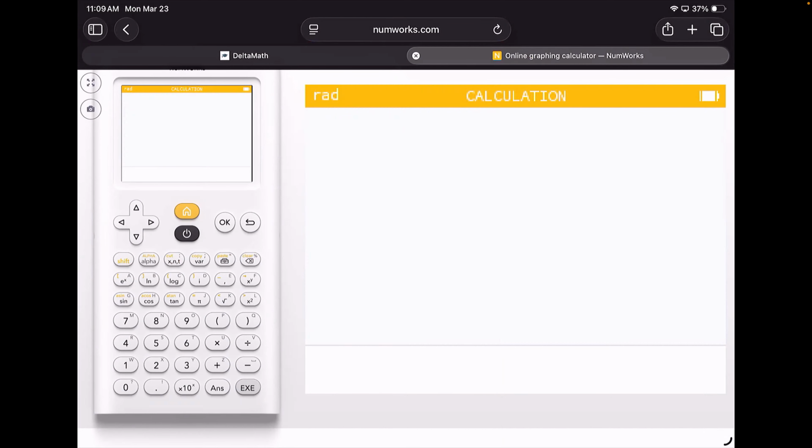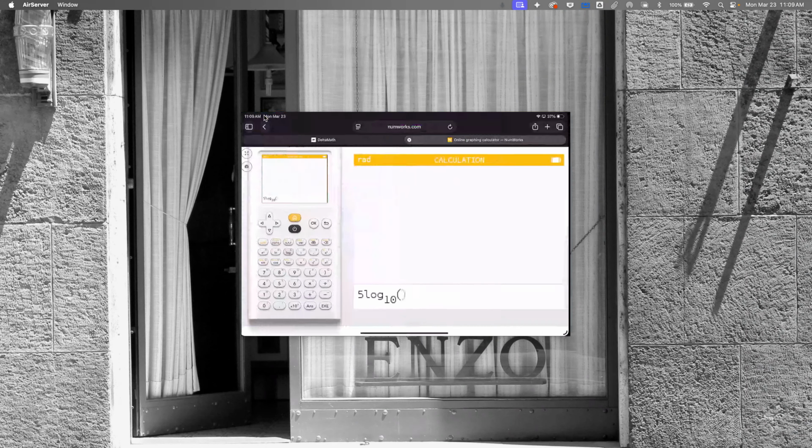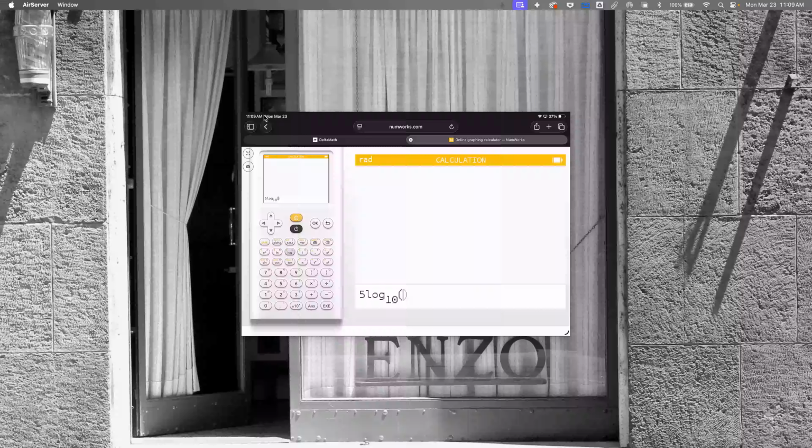So we get, what was it? 5 times log 57. 8.779, blah, blah, blah. Well, it wants the hundredths. The hundredths is the second 7. So the 9 says go up. So 8.78.